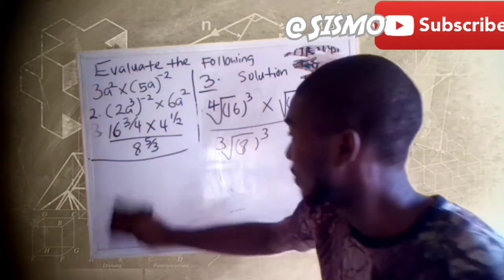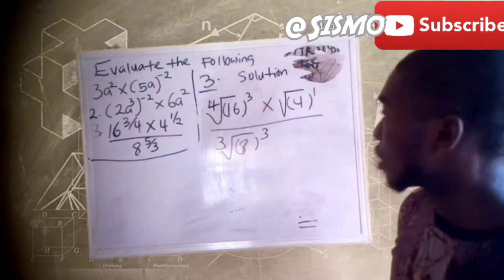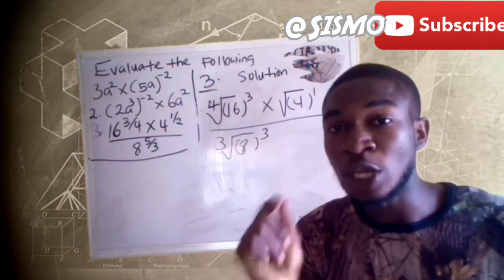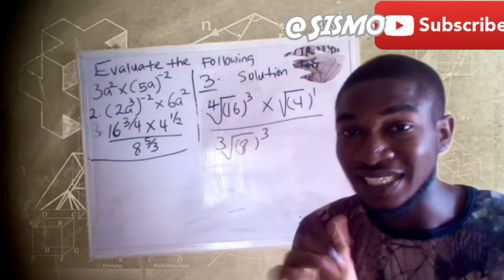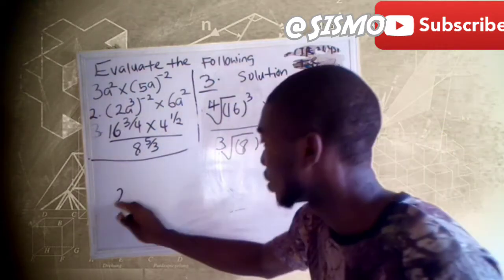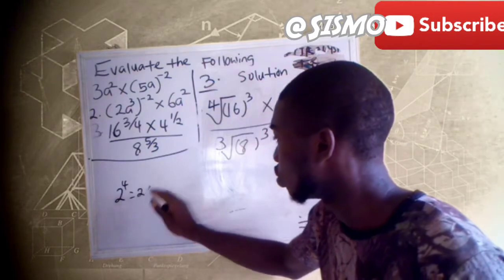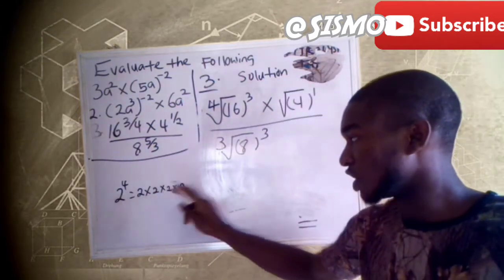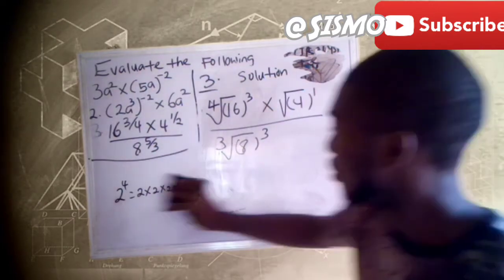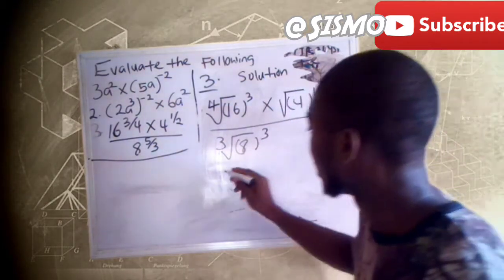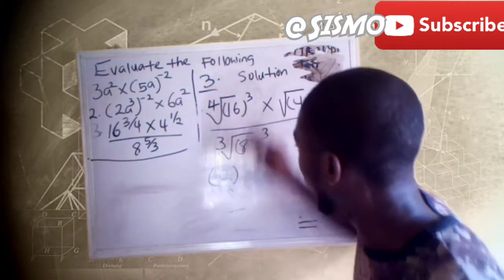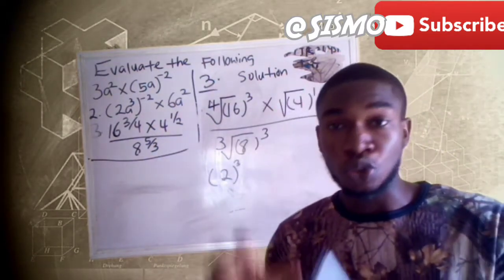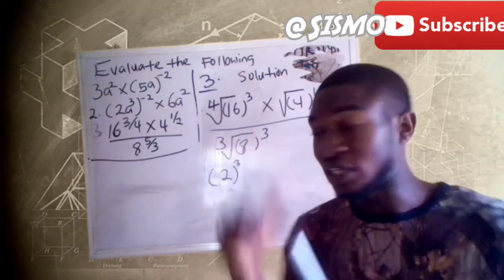So in this situation, the fourth root of 16 is the number I will raise to the power of 4 to obtain 16, and that is 2. Let's verify that. 2 raised to the power of 4 is 2 times 2 times 2 times 2. 2 by 2, 4. 4 by 2, 8. 8 by 2, 16. So for the first one, we obtain 2 raised to the power of 3, because in the last video I told you, we simplify the root first before we take the power.